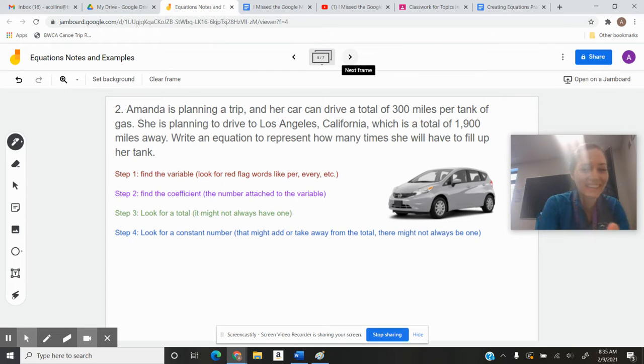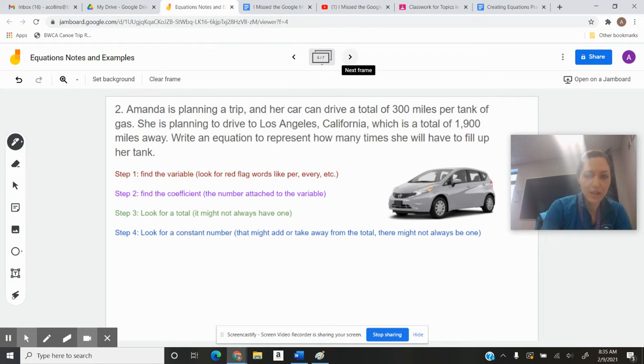All right, Amanda is planning a trip, and her car can drive a total of 300 miles per tank of gas. She's planning to drive to Los Angeles, California, which is a total of 1,900 miles away from Buffalo, Minnesota. True story. Write an equation to represent how many times she will have to fill up her tank.